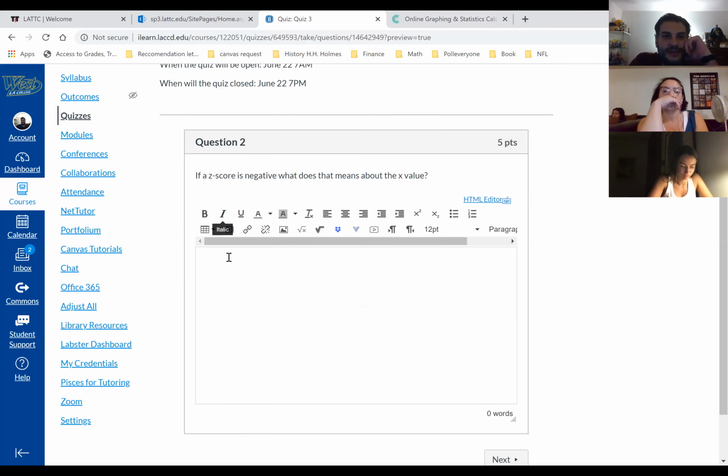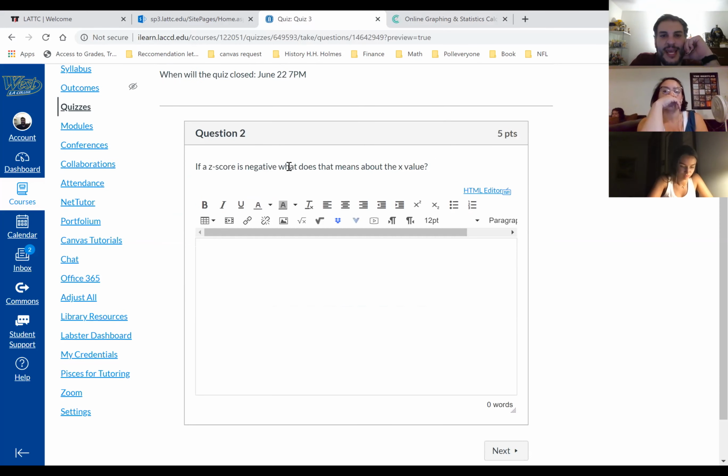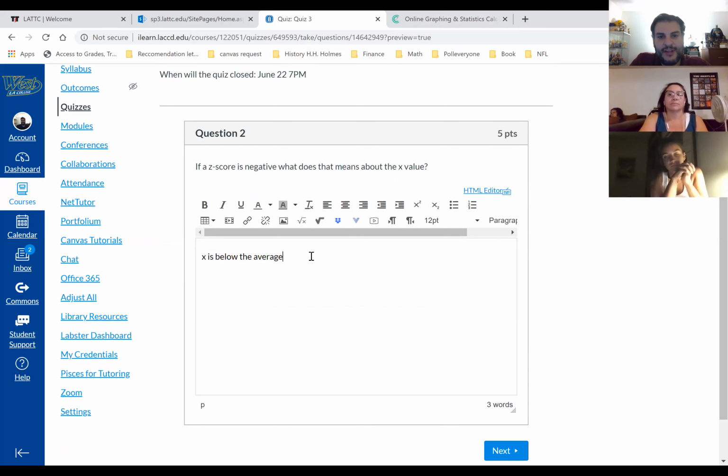For question number 2, it says, if a z-score is negative, what does that mean about the x value? If your z-score is negative, it means that the x value is below the average. For the most part, everybody got this one right.